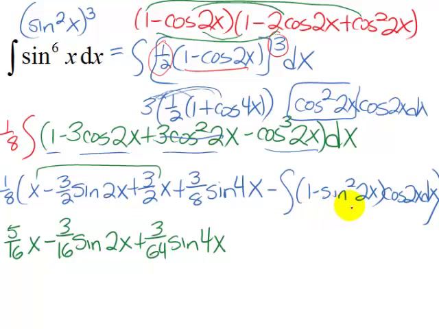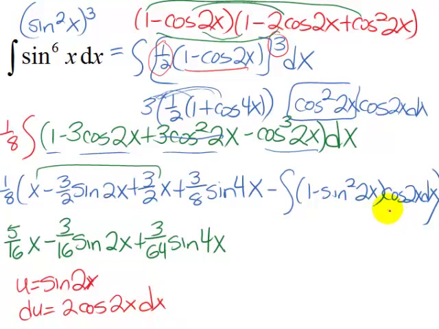So looking at this, we could let our u be sine 2x, and that means our du is going to be 2 cosine 2x dx, and I see I have the cosine 2x dx part, so I'm going to make this a 1/2, and I can replace that with 1/2 du.